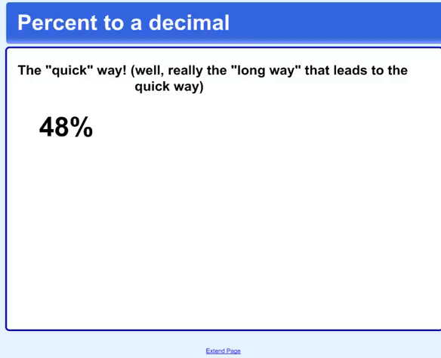There's another way to do this too, and a lot of people use it as the quick way. But really it's a long way that leads to the quick way. One way you can think of it is 48% is 48 over 100.